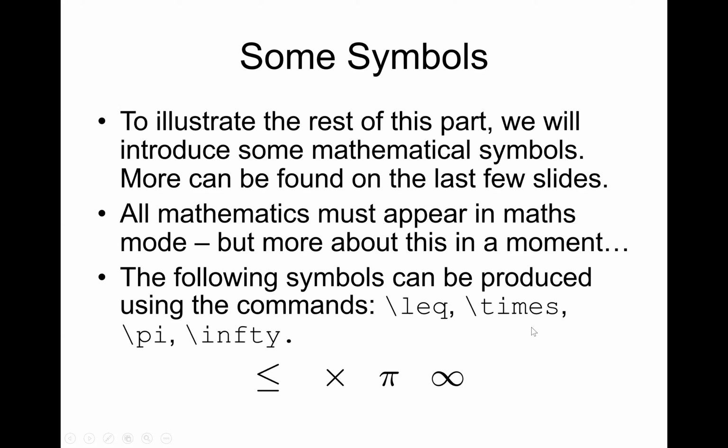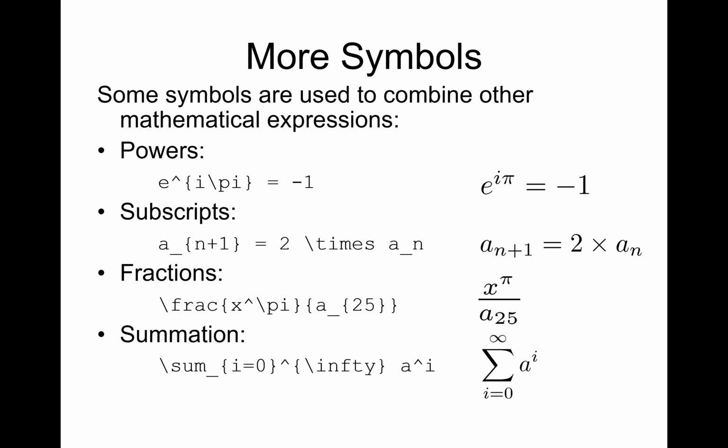Then for times, you just type backslash times. For pi, you just type backslash pi. For infinity, you type backslash infty, then it will give you infinity. Now, these are some of the symbols you can easily type in LaTeX. The more you use LaTeX, the more you get to know some of these and become familiar with them.